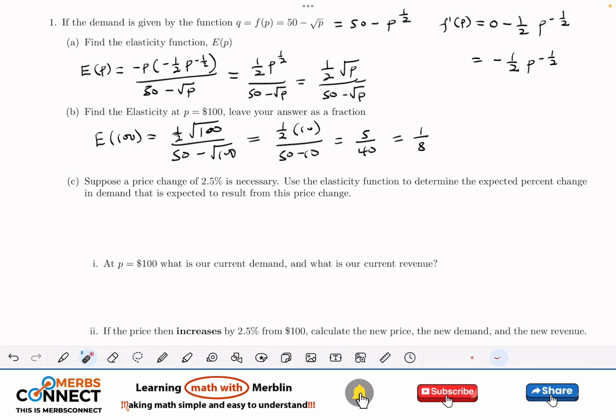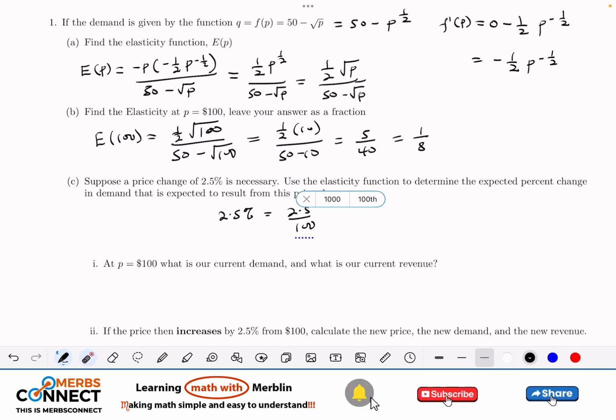So the change in price here is 2.5%, and this is the same as, don't forget, 0.025. So let me write this one again. This one is like 2.5 divided by 100. So I need to move the decimal 2 places. So I'm going to have this one to be 0.025, right?